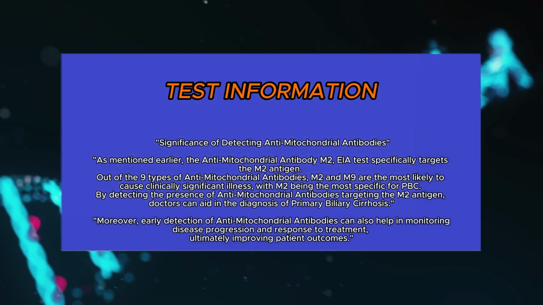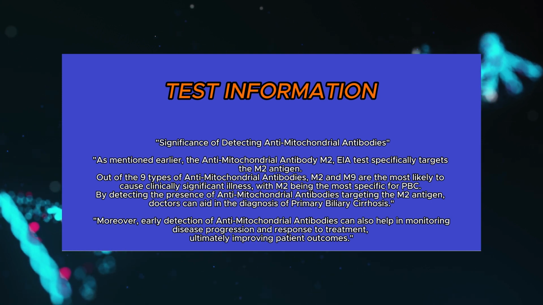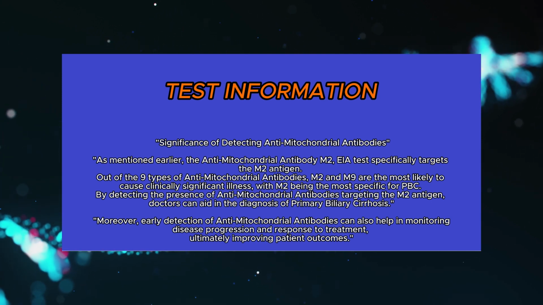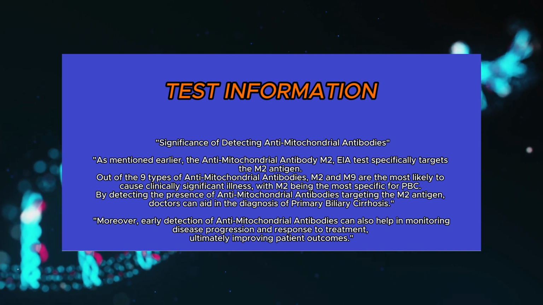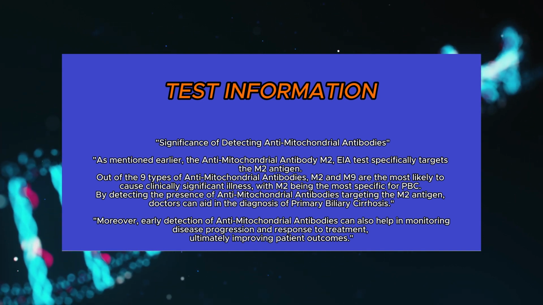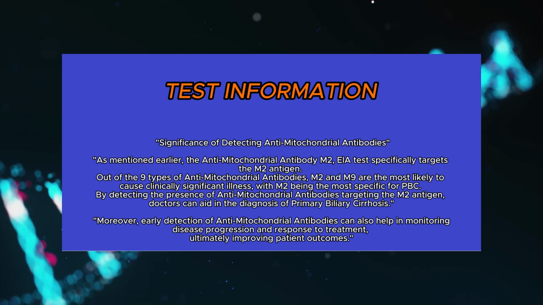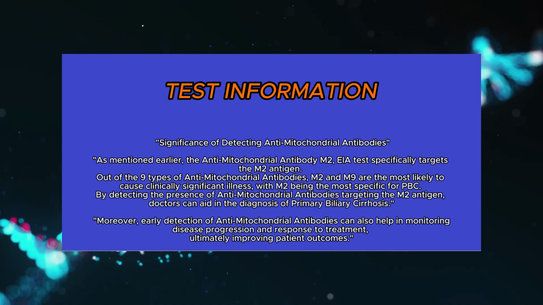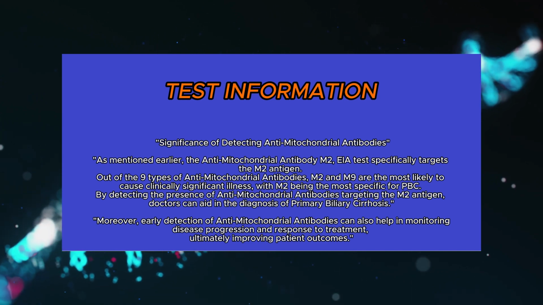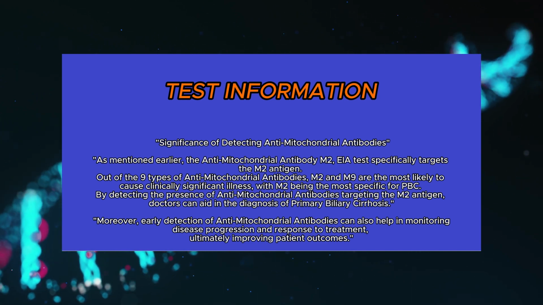Test information. Significance of detecting anti-mitochondrial antibodies. As mentioned earlier, the anti-mitochondrial antibody M2 EIA test specifically targets the M2 antigen. Out of the 9 types of anti-mitochondrial antibodies, M2 and M9 are the most likely to cause clinically significant illness, with M2 being the most specific for PBC.